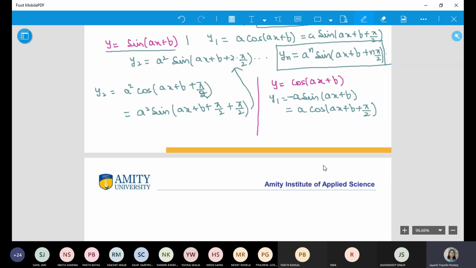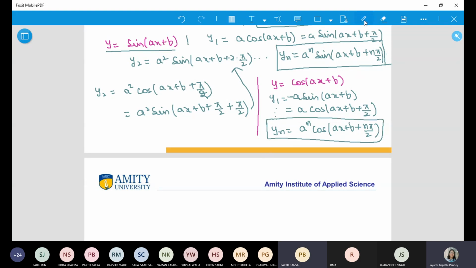Is it fine? Yes, ma'am. So I continue directly and I can write it like this. Yes, ma'am. So these are easy formulas, not difficult to remember.